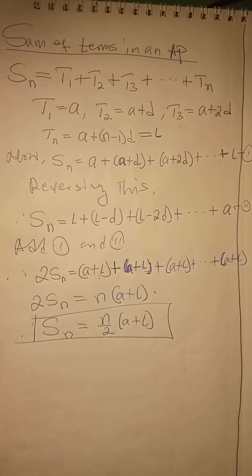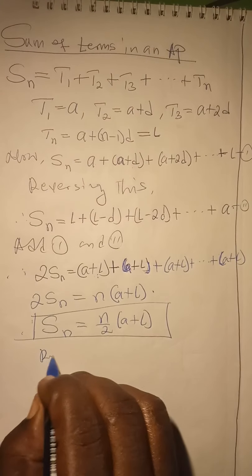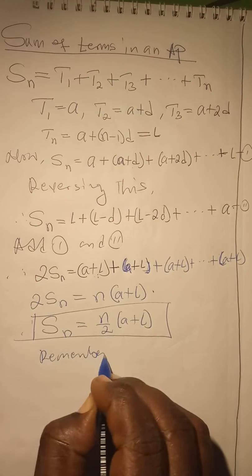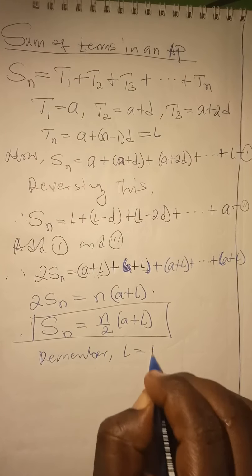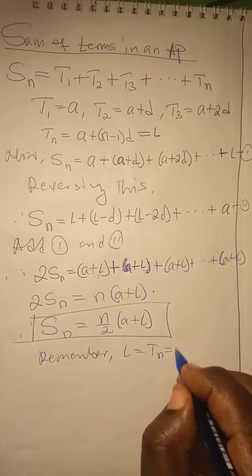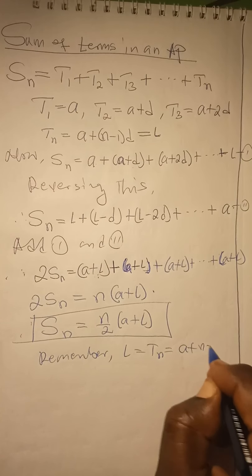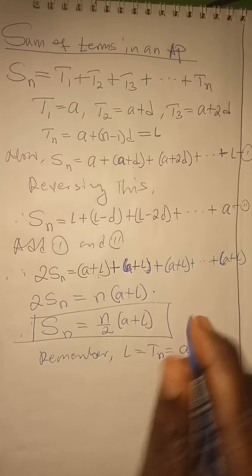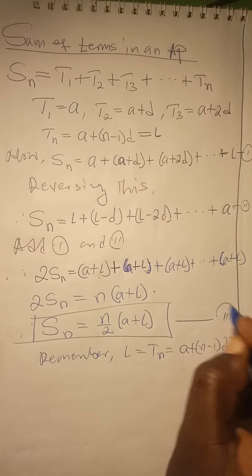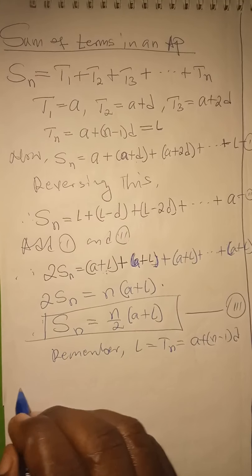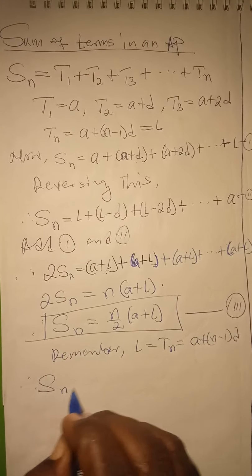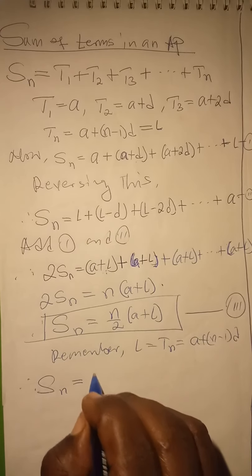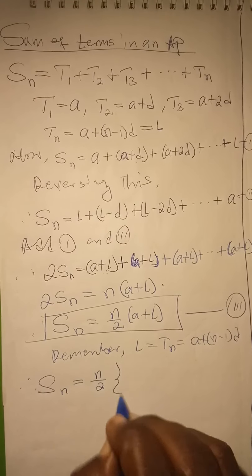Okay, but remember, L is always equal to the nth term, which is also equal to what? A plus (n minus 1)d. I am going to put this in this. Let me call this one equation 3. So that means that I'm going to have Sn written in a different form, n over 2, like this.